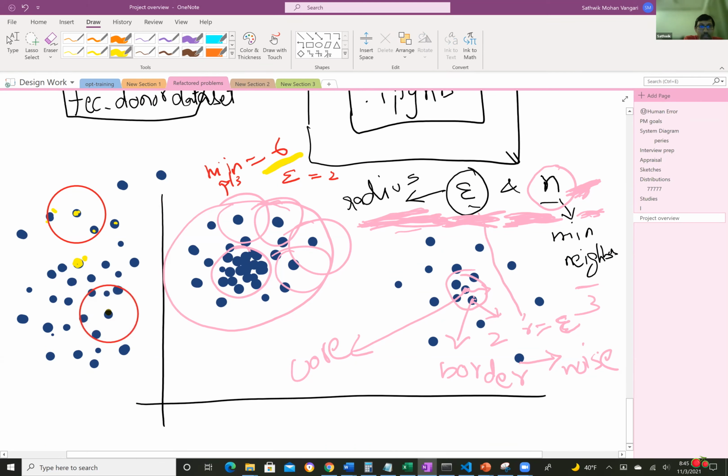Now let's assume it has 5 neighbors, right? 5, which means it is not satisfying our condition, but let's pick this particular point, right? Now this point here, right? Okay, let me use a different color. This purple point here, right? Is that a core point or a border point?